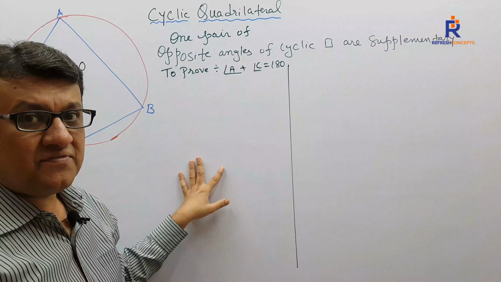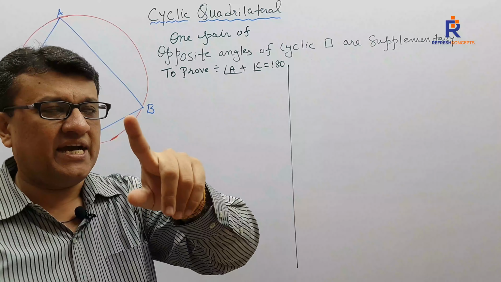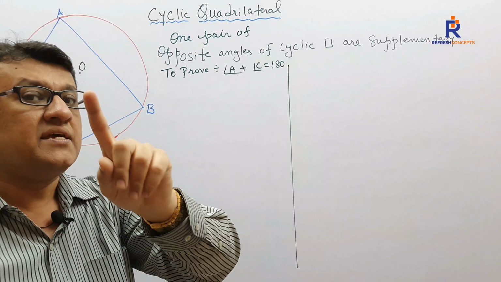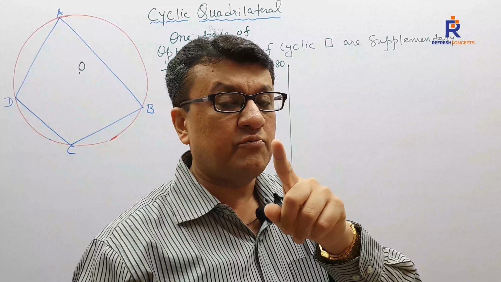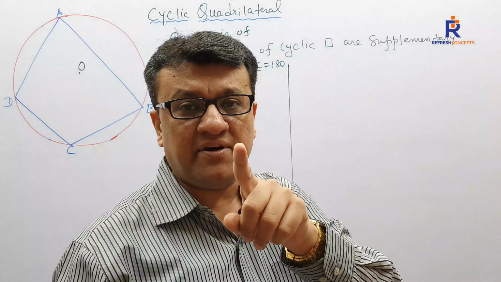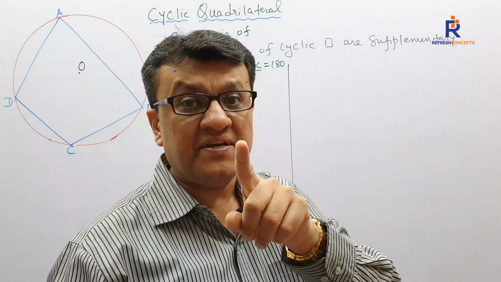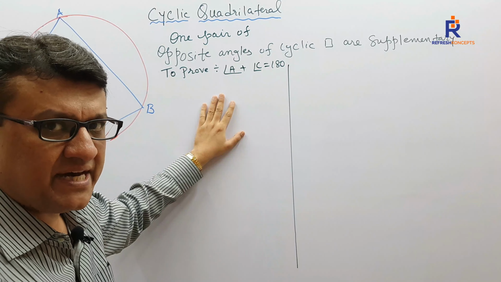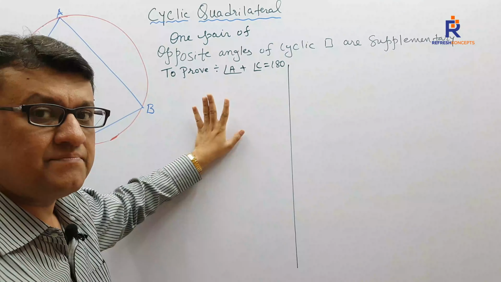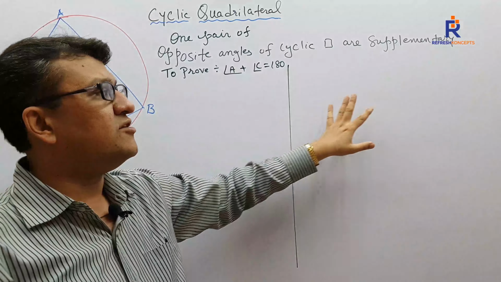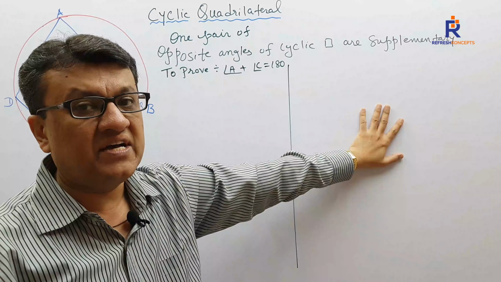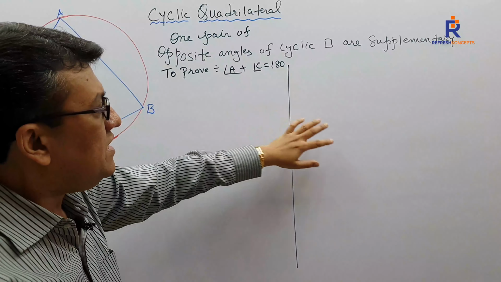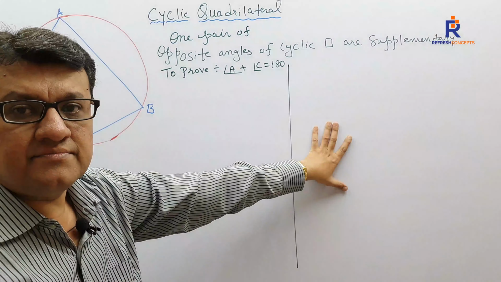One in the form of intercepted arc, applying IAT, and the other in the form of central angle. So both the solutions are going to be the same.